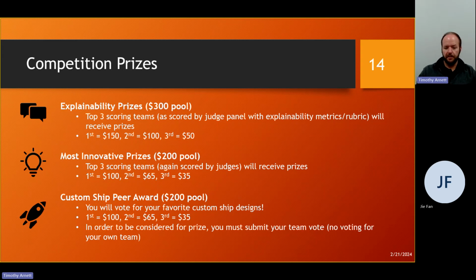And these will be determined by you. It'll be determined by the votes from the teams. This won't be from the judging panel. It won't be from the organizers. This is for you guys. Again, first, second, and third, $100, $65, and $35. In order to be considered for a prize for the peer award, you have to submit your team vote and you have to submit your custom ship sprite.